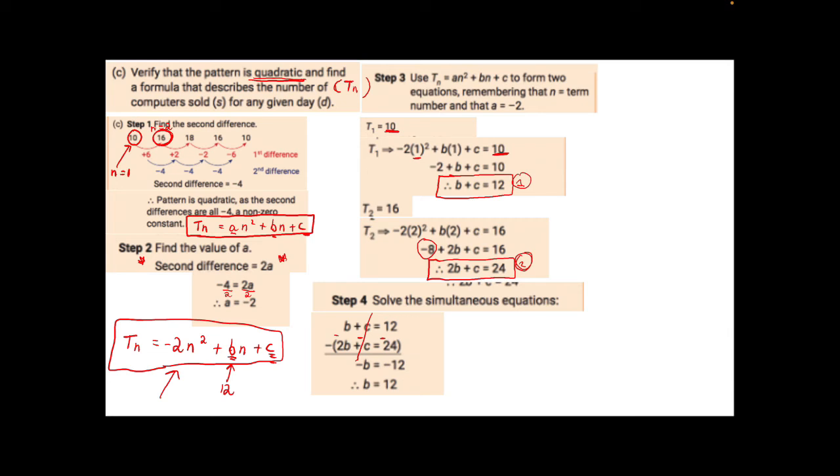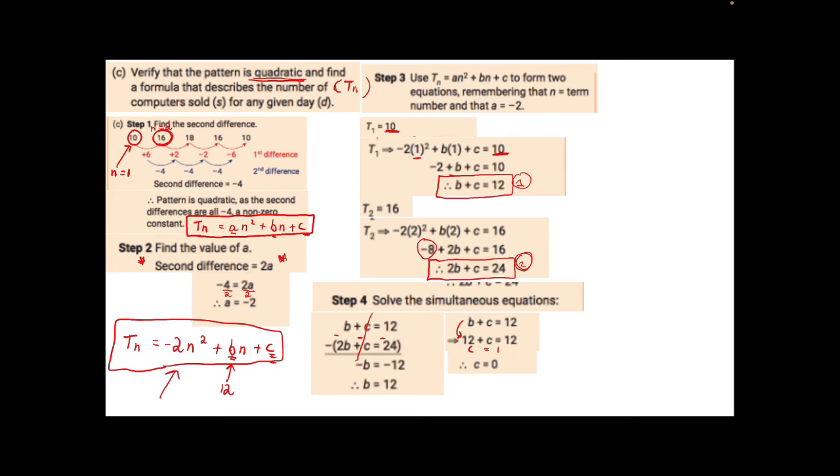We now need to solve for c. So into our original equation, b plus c equals 12, we substitute in our value for b. So wherever I see b, I write 12. This gives me 12 plus c equals 12. And moving our numbers to one side of the equation and our letters to the other side gives us c is equal to 12 minus 12.